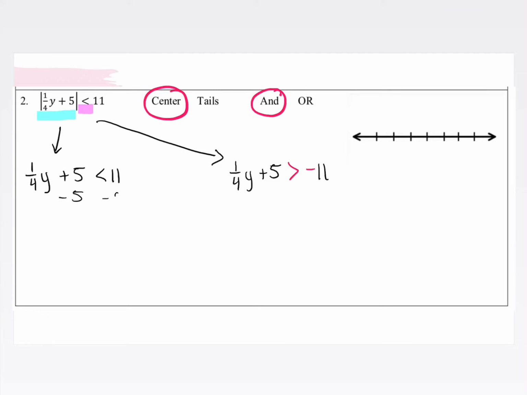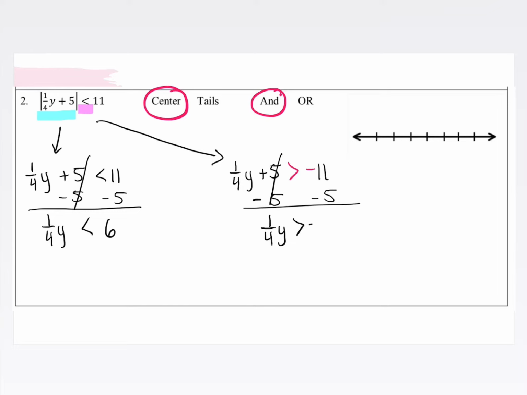Now we're going to go about and solve our two-step inequality, subtracting 5 from both sides. Positive 5 minus 5 adds to 0, so we're just left with 1/4 y is less than 6, and 1/4 y is greater than negative 16. Now here we have 1/4 y. I like to see this because we have a fraction here, so that represents division.